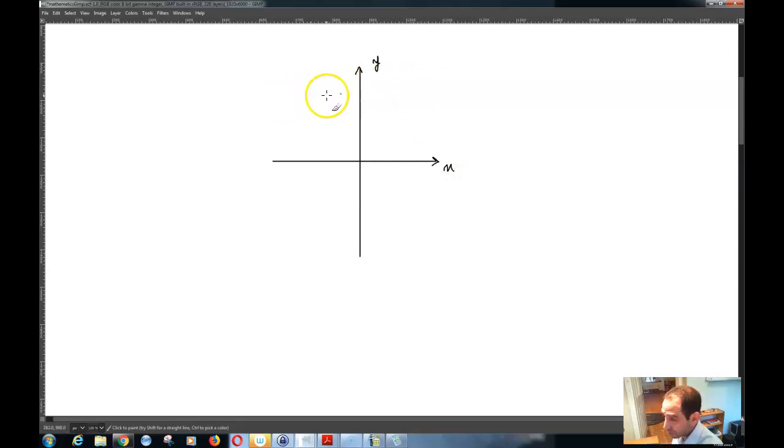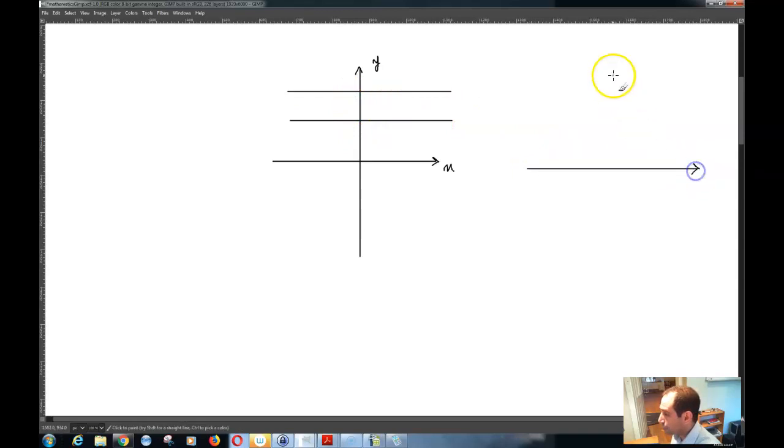Either the lines are parallel, meaning that you have, for example, two lines like this, or you have two lines like this that are intersecting, meaning that there is some point over here, and that's the point of intersection of these two lines.